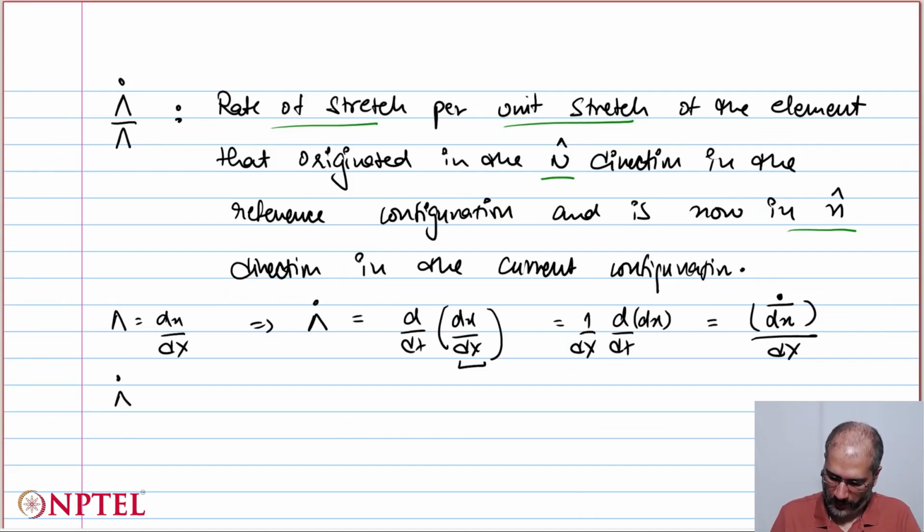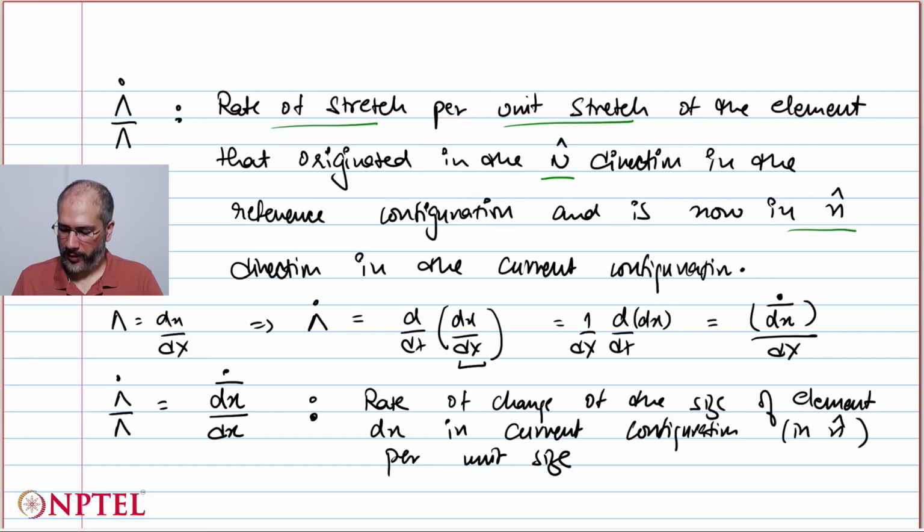So lambda dot upon lambda is going to be d small x dot upon d small x, because d capital X gets cancelled. So this can be interpreted as a rate of change of the size of the element d small x in the current configuration along n hat per unit size of the element. So you see that there's no d capital X anymore.